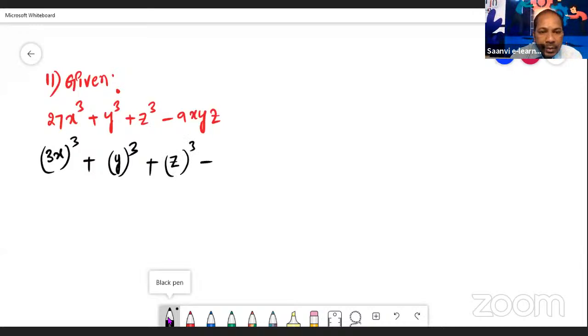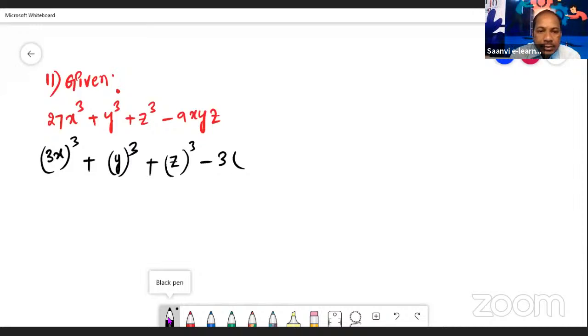This 9xyz we write as 3abc in the form of 3abc. So 3 into here a value. See here, this 27x cube plus y cube plus z cube we have written in the form of a cube plus b cube plus c cube. So here what are the ABC values? A value 3x, B value y and C value z. Every time ABC values we should take, bracket inside values we should take.